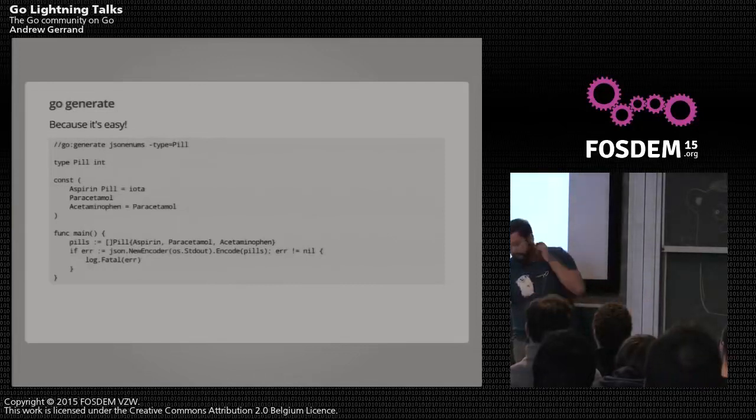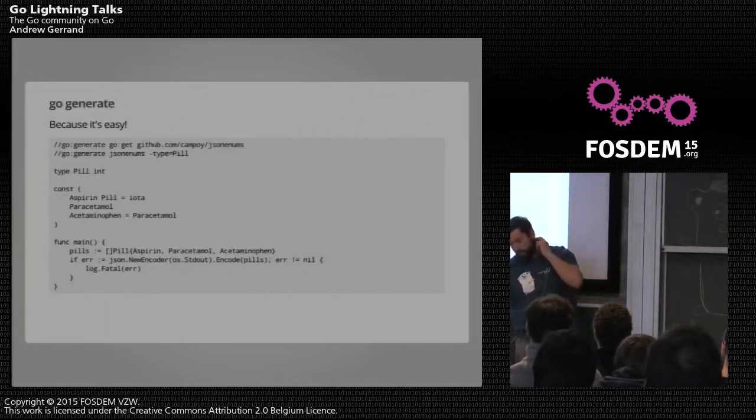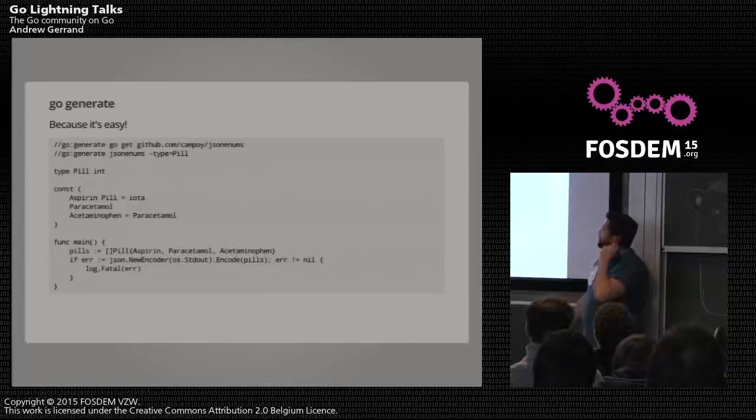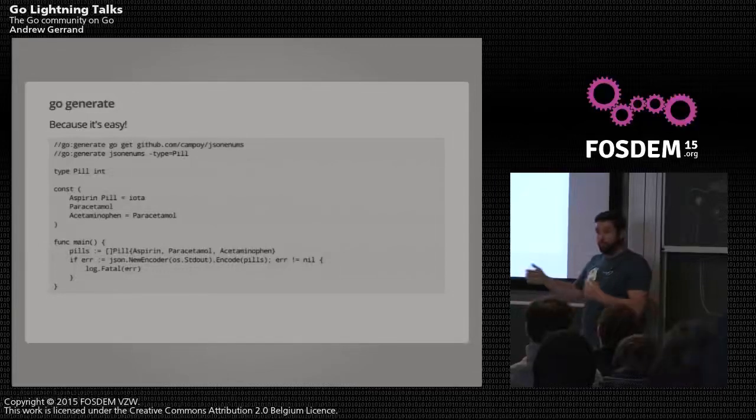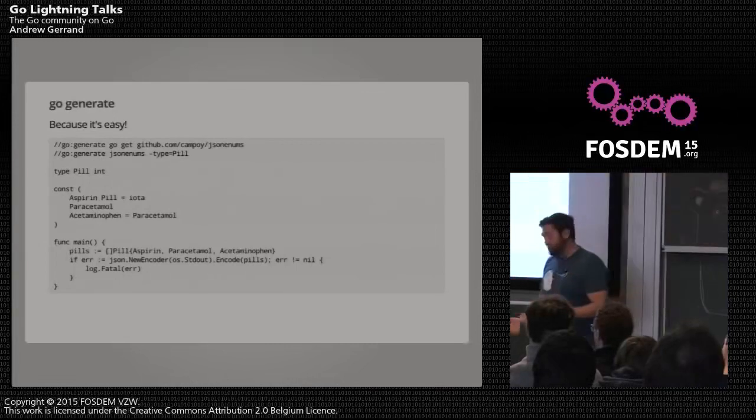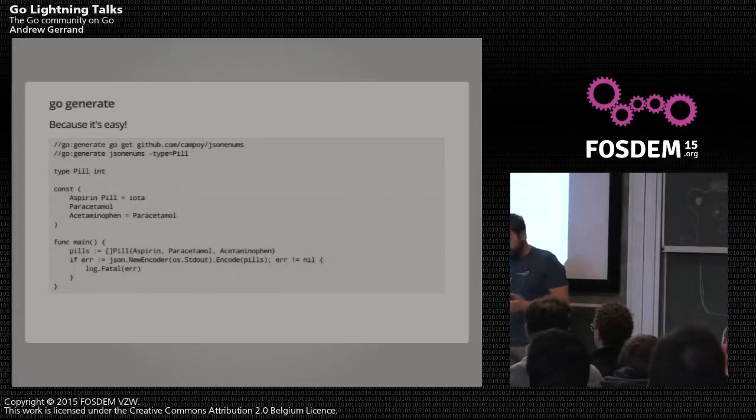And the last thing is I actually saw someone doing this, which I'm not sure is a very good idea, but basically, since json-enums might not be there, and if you do go generate, I still want the command to run. So just do go get on my tool, and then I run the tool, which works. I don't know if it's a good idea or not. You can import with the underbar.